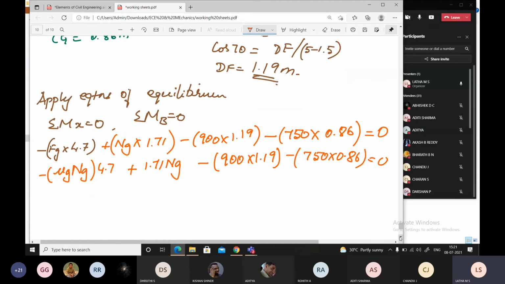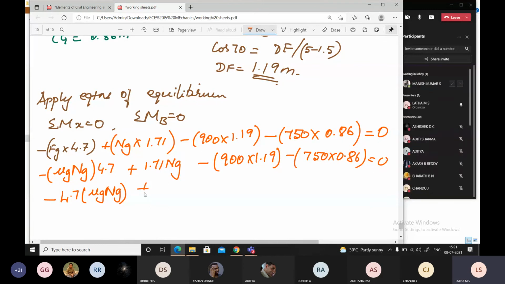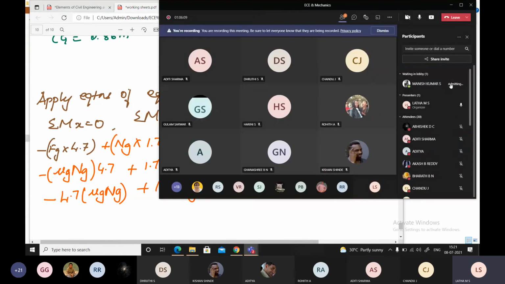I end up with this. Can you give me the value? Minus 4.7 mu g NG plus 1.71 NG equals, what is the summation?